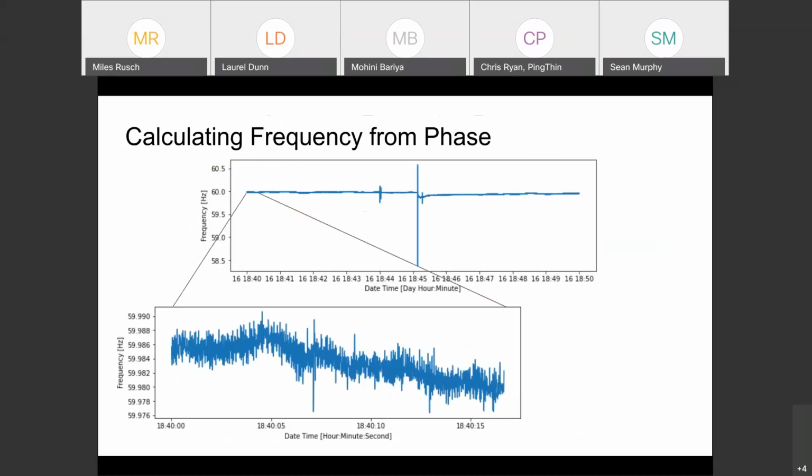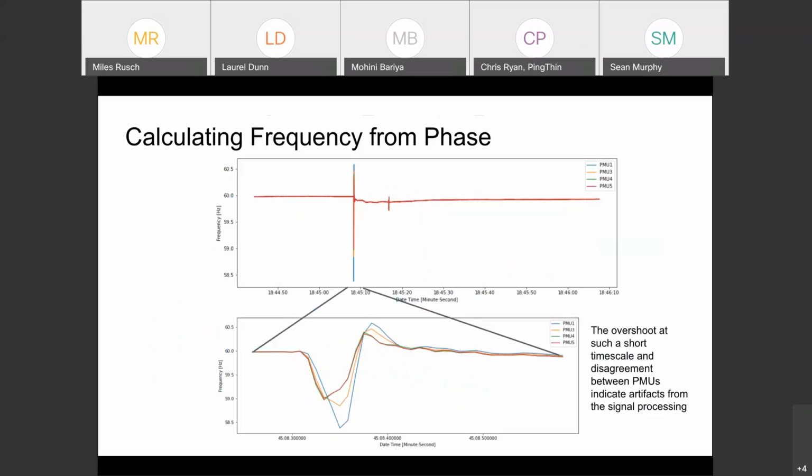And so here we are with the same plot of frequency, just visualizing a part of it during nominal functionality. Zooming in, we see that the frequency is just under 60 hertz, and it's varying quite a bit.